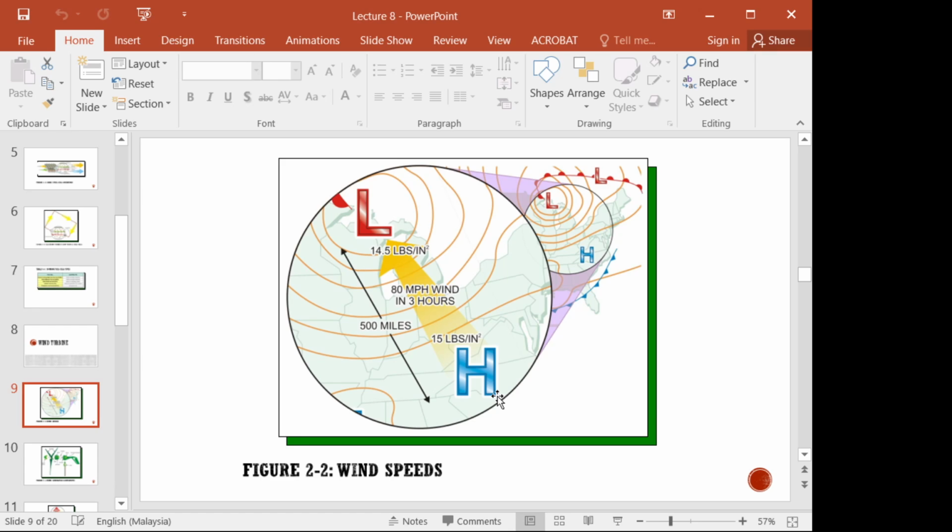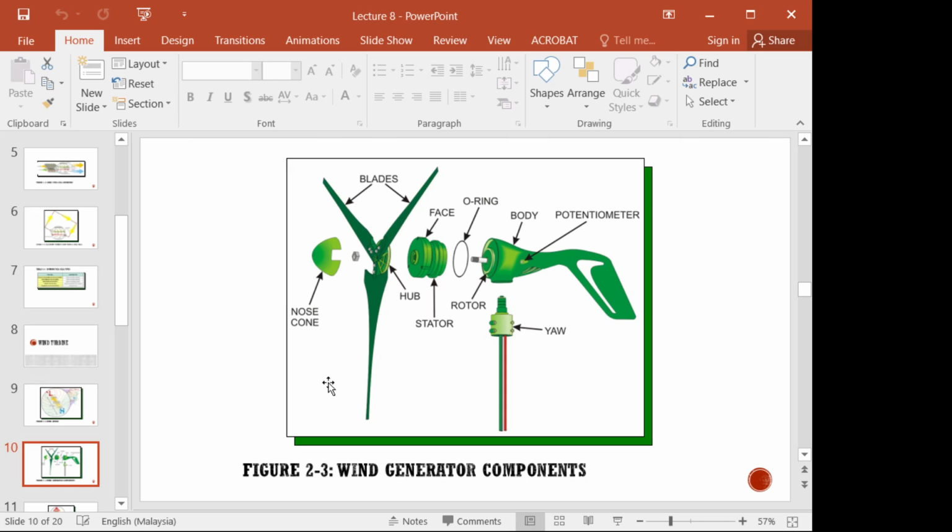Or there are other types of wind turbines. In Malaysia we can use the small wind turbine, the small and vertical wind turbine. The horizontal one that you always see like this is more suitable in countries with high speed wind.